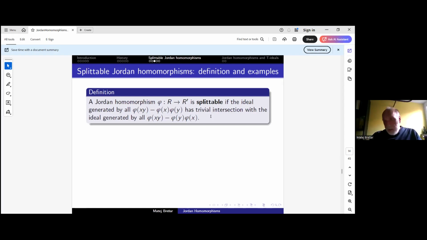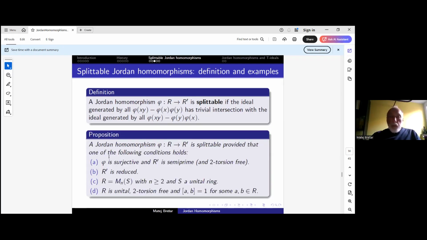This looks like a technical condition. Well, it is a technical condition, but this proposition here shows that it is natural because there are many natural examples where one can show that Jordan homomorphisms are splittable. I will not comment because I have to hurry.